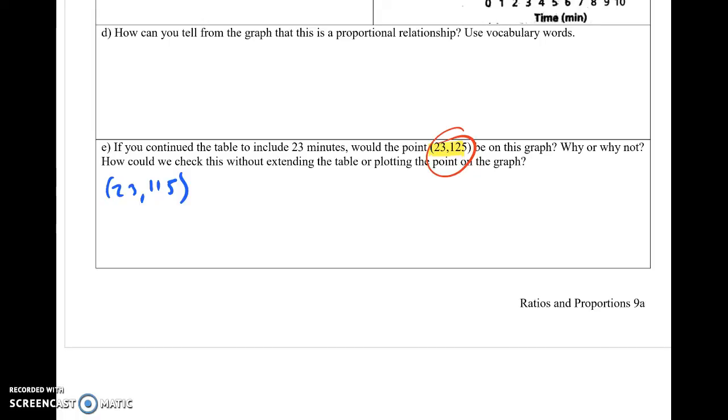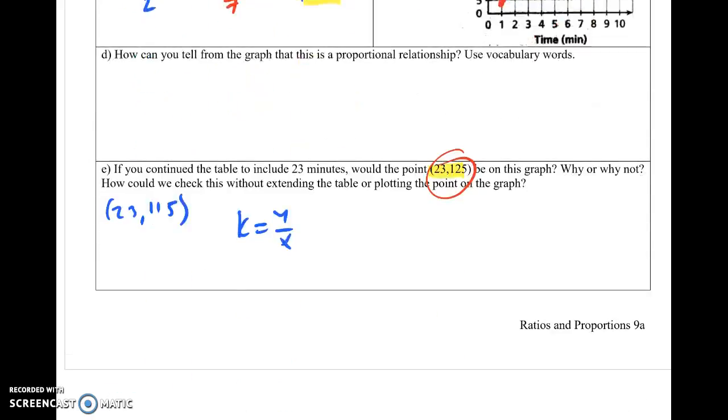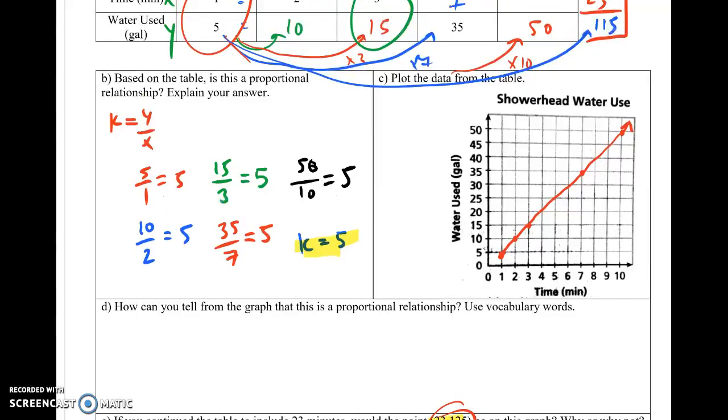And the second part of the question says, how could we check this without extending the table or plotting the point on the graph? Well, simply, you just follow your formula for k equals y over x. What did we find k equals y over x to equal? We found that it all had to be equal to the number 5.